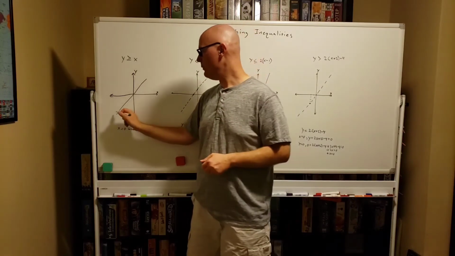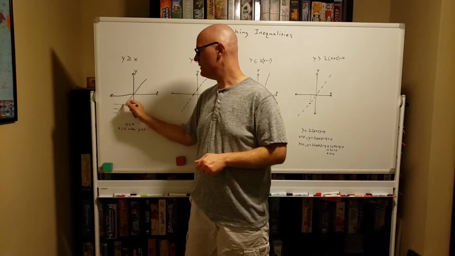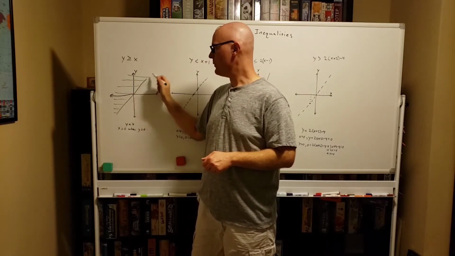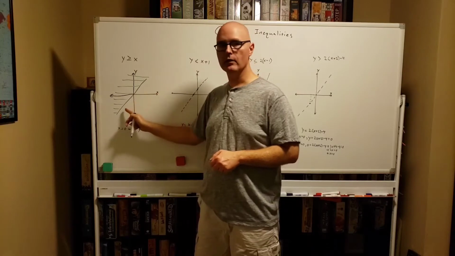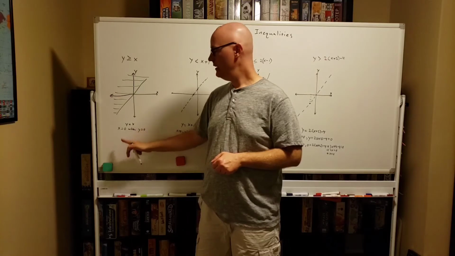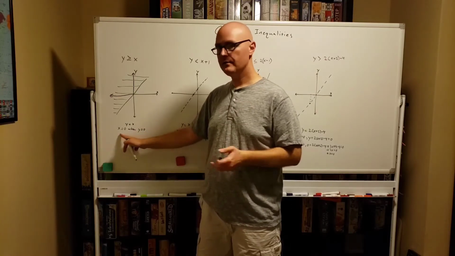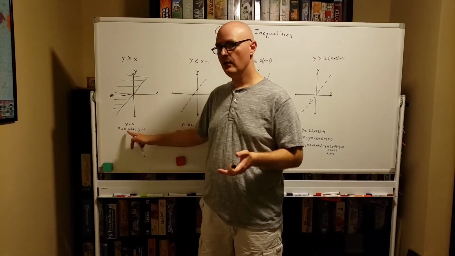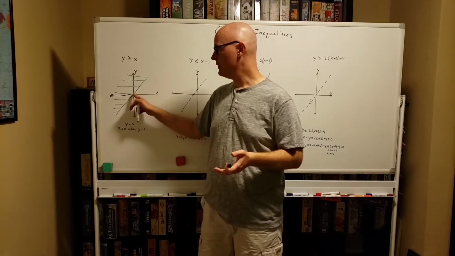Therefore, we would graph this inequality as everything greater than and equal to the line of y is equal to x. Don't forget your intercepts. When x is equal to 0, y is also equal to 0, therefore it goes right to the origin.